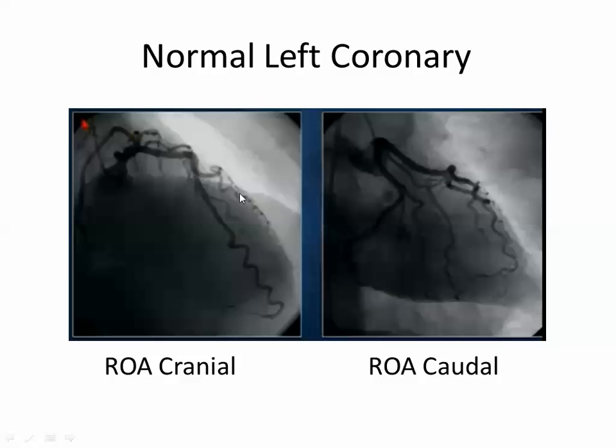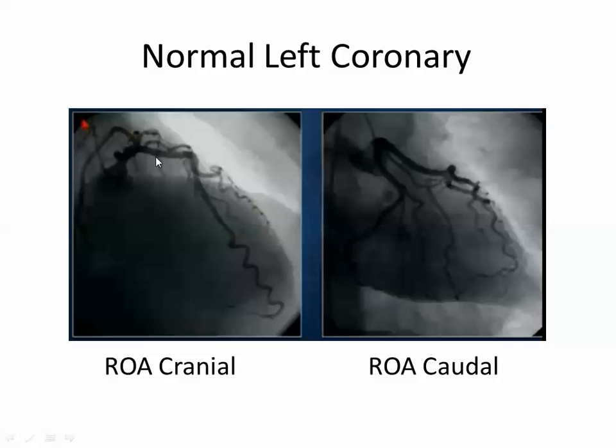So what vessels will supply the anterior wall itself? The diagonals. The number varies from person to person, to supply the anterior wall itself. It's clear? So these are diagonals.